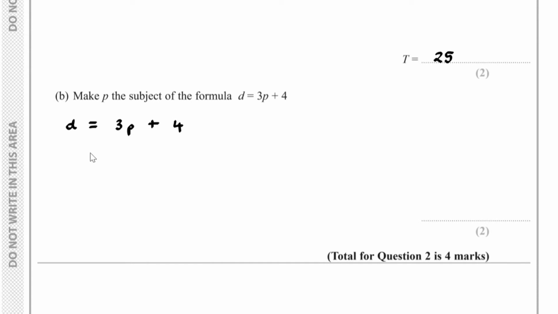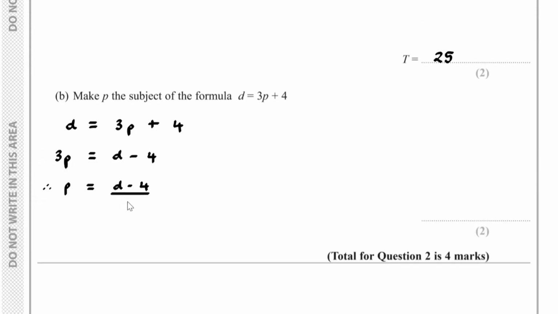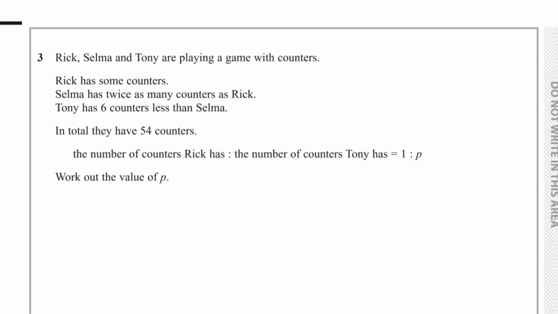If I subtract 4 from both sides, that would mean 3p equals d minus 4, and therefore p will equal d minus 4 divided by 3. So we have p equals d minus 4 over 3.